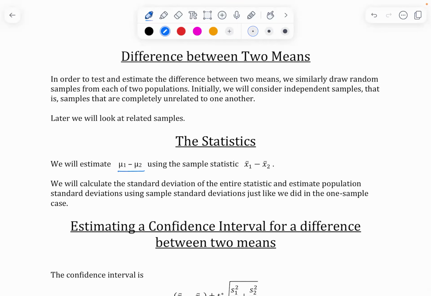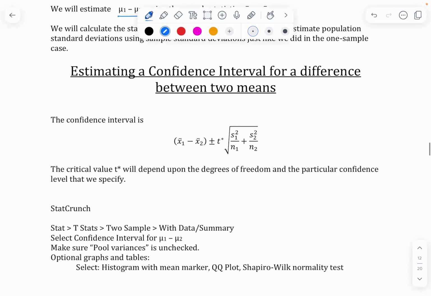We have our population parameters, mu1 minus mu2, using our sample statistics, x bar 1 minus x bar 2, indicating sample 1, sample 2, population 1, population 2. The formulas continue to look more and more difficult. The main concept, though, is estimate plus or minus t star times the standard error.